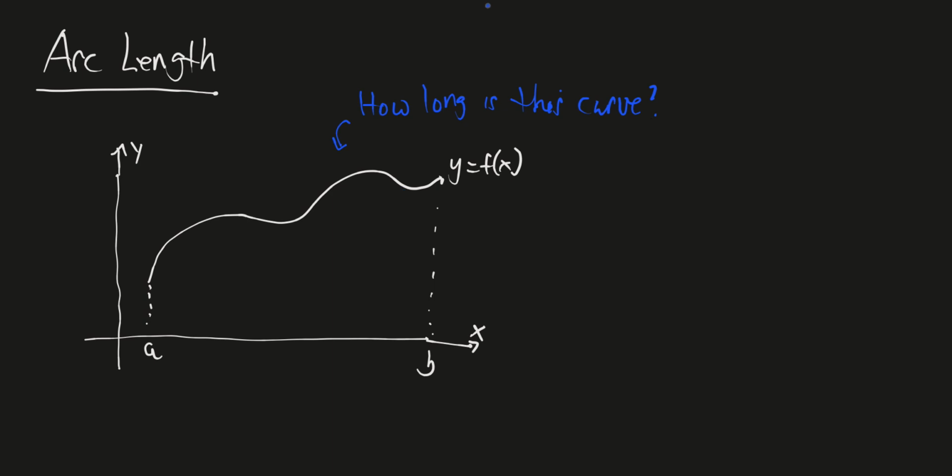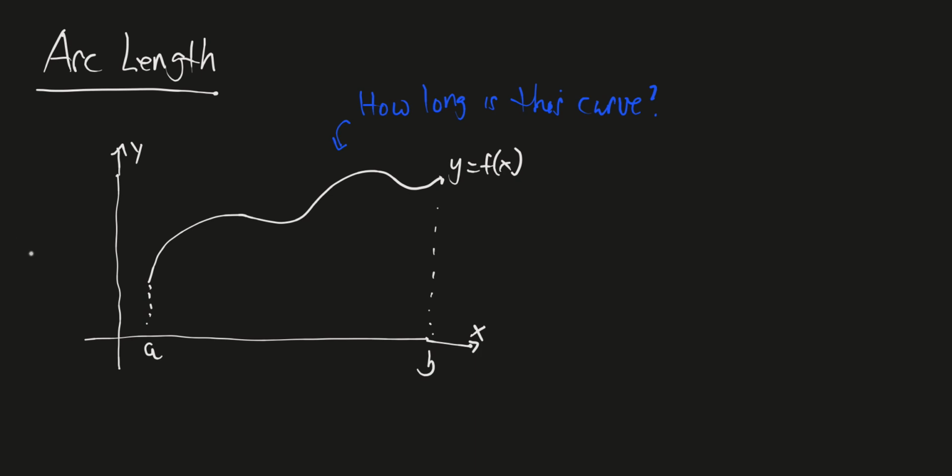But unless you have some magic power that I don't have, and it's quite possible that you do, I can't pick up this curve. I can't pick it up and straighten it out and measure it. But I'm still curious. I still want to know how long this curve is. So how could we possibly figure this out?